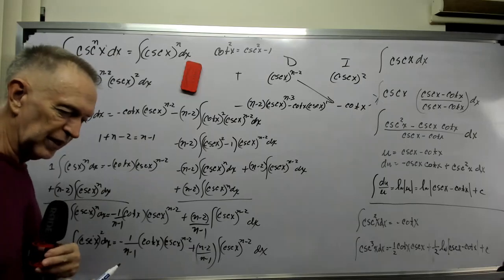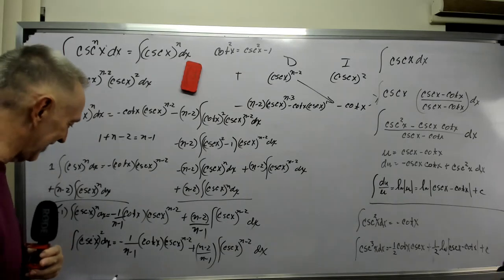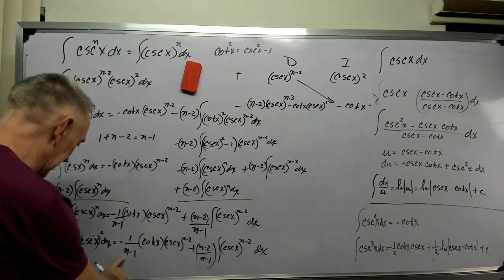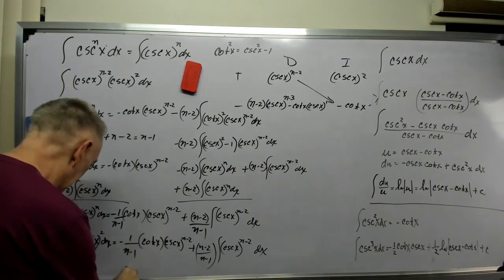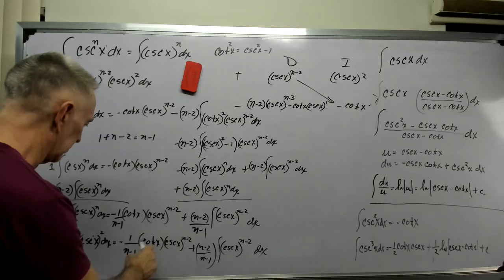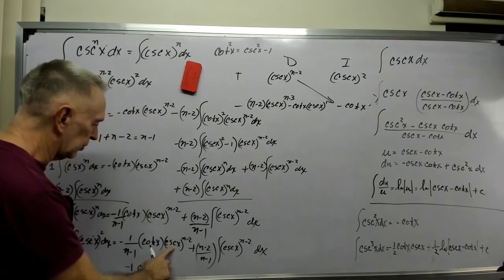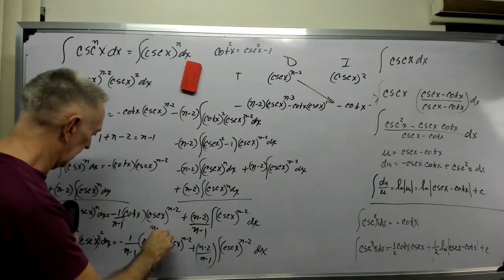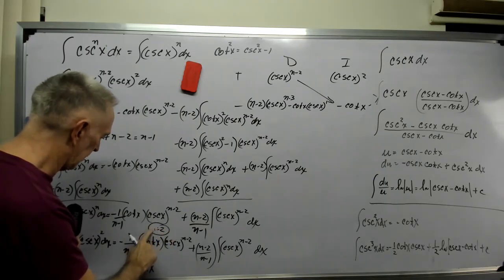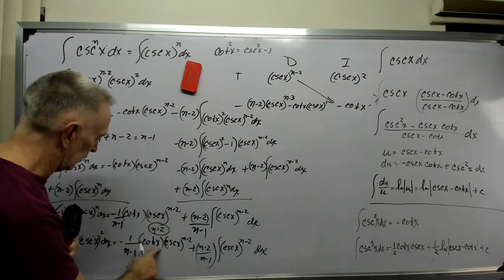I've been told I look 70 years old, so maybe me off the screen is better. All right, so if I let n equal 2, 2 minus 1 is 1. So I have minus 1 times cotangent x, and then cosecant to the n, n is 2 here. Let me write that down. n equals 2. So 1 over 2 minus 1 gives me a negative 1 times cotangent x.